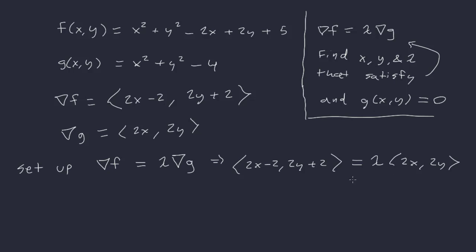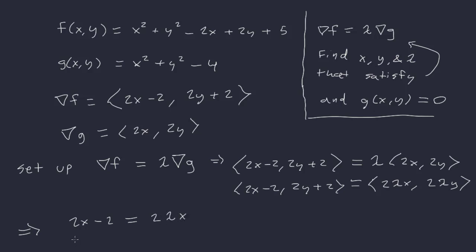Well, this is a scalar, so let's distribute this across: 2 lambda x comma 2 lambda y. Or you could do 2x lambda, either way. So this gives us essentially two equations. We have that 2x minus 2 is equal to 2 lambda x, and that 2y plus 2 is equal to 2 lambda y.